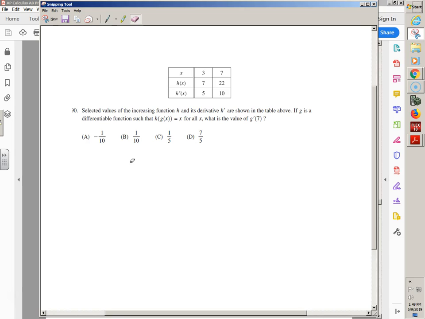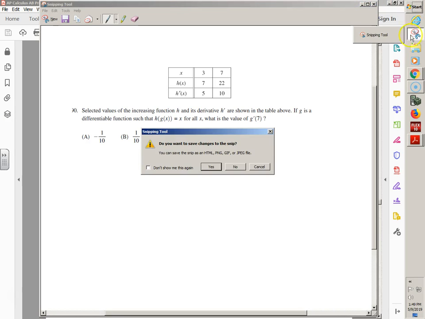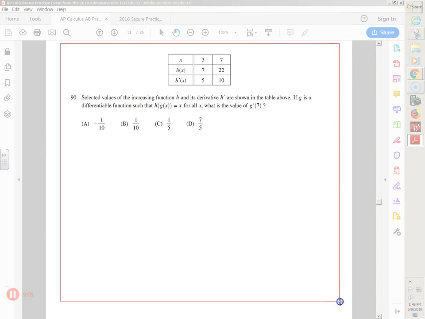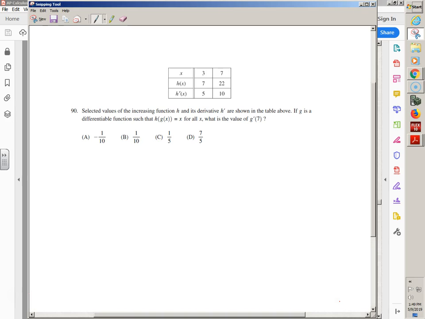Selected values of the increasing function h and its derivative h prime are shown in the table above. If g is a differentiable function such that h of g of x equals x for all x, what is the value of g prime? Well, I see h prime there, and I see g prime over here.